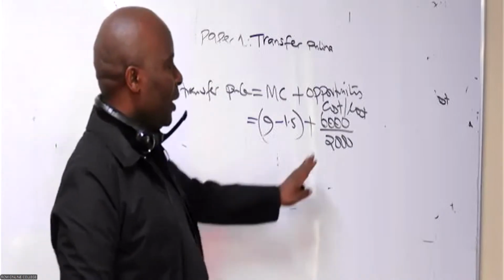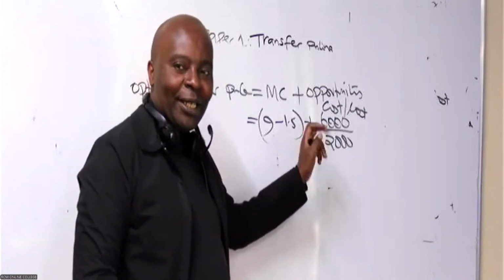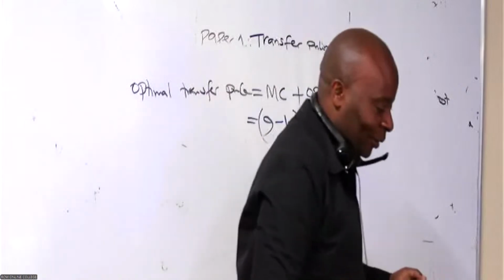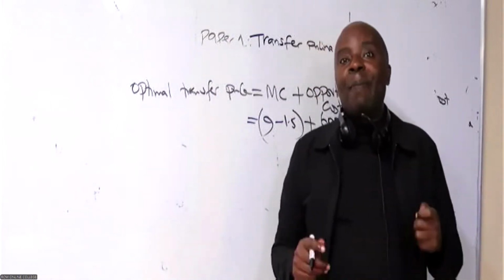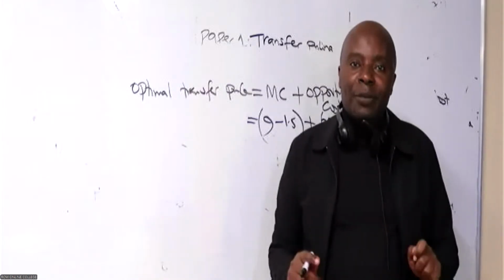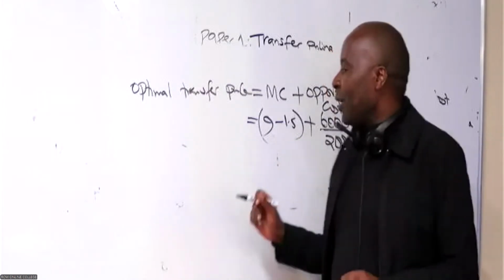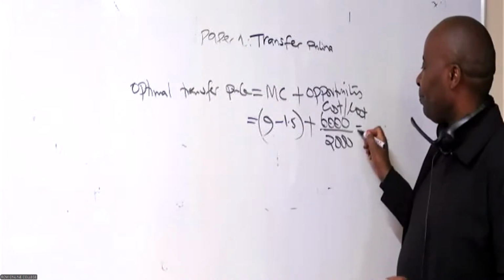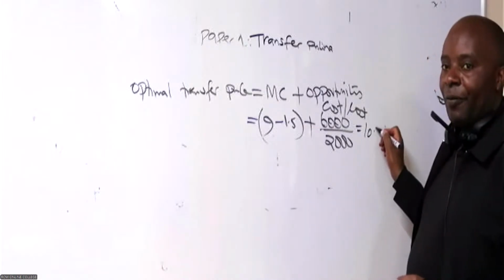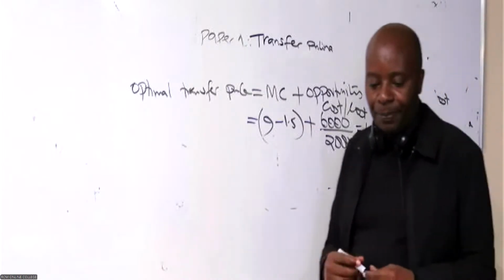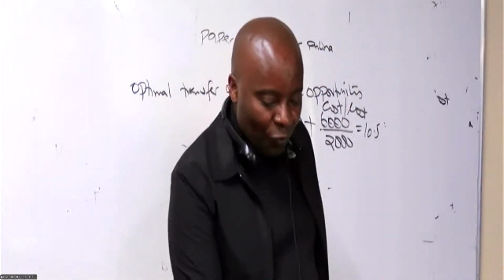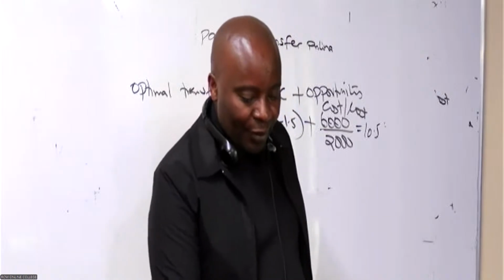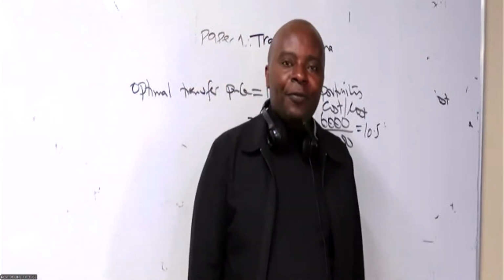If my sister department wants me to sell these units to them, I'm going to lose this opportunity, so they must be willing to compensate me. That gives me 10.5. They must be willing to give me that 10.5.